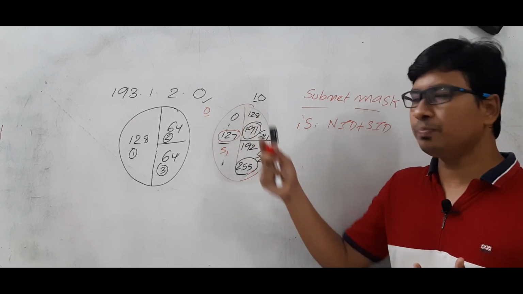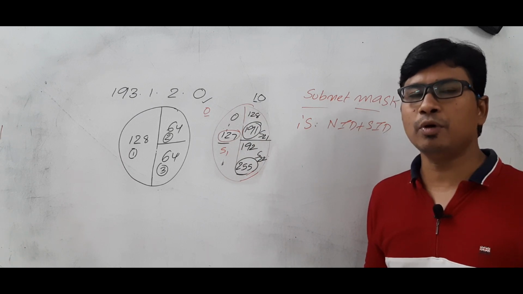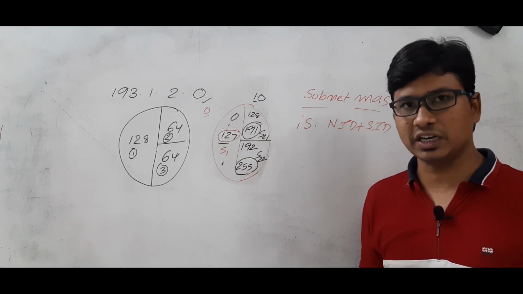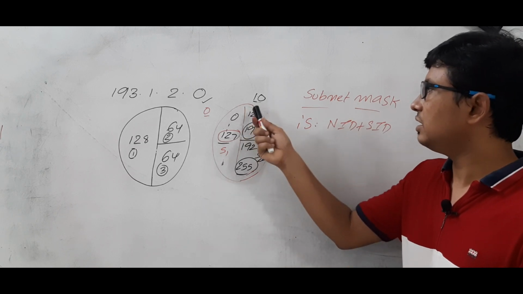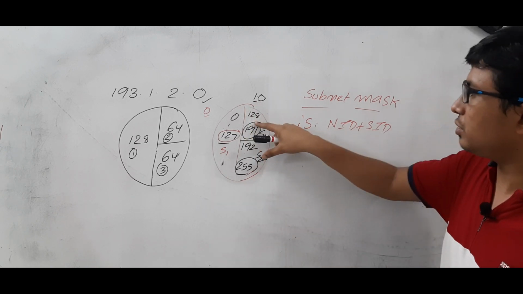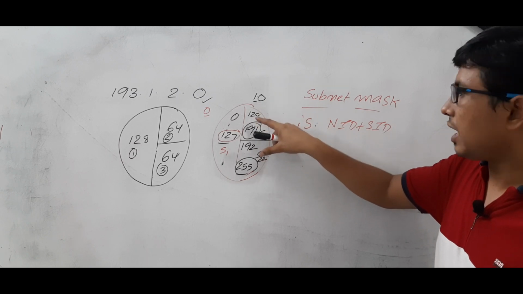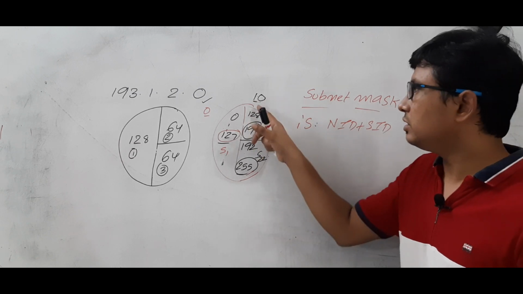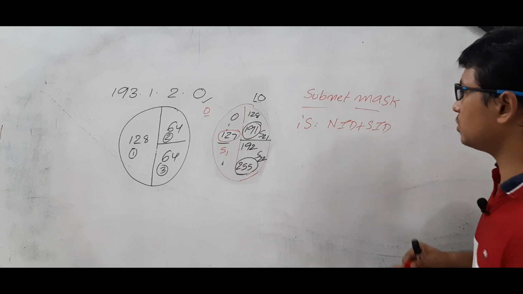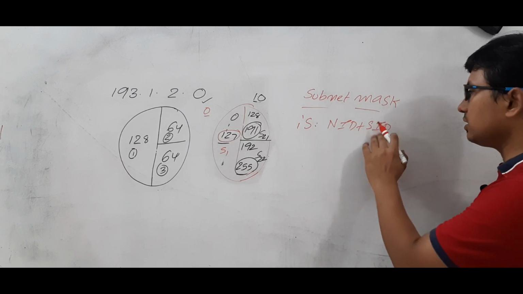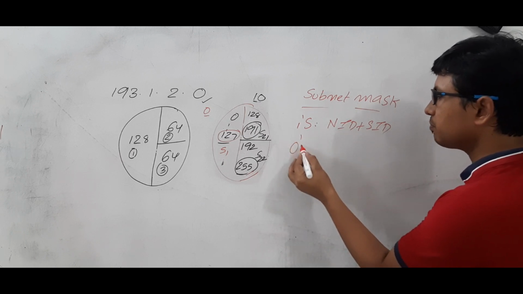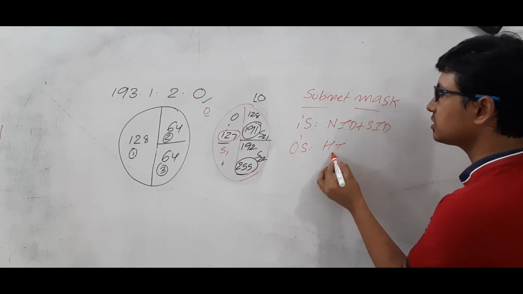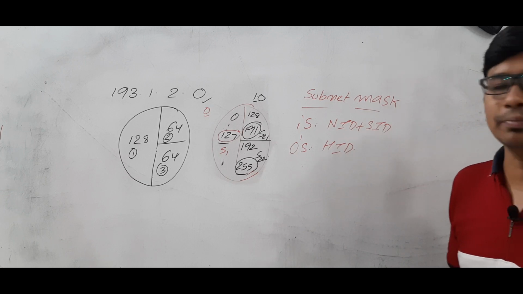And if you want to perform subnetting, you borrow some bits from the host ID to make it a subnet. In this example, I have borrowed 2 bits from the host ID and made them the subnet. These bits we call subnet bits. So in the network ID bits and the subnet bits you keep ones, and in the host ID part you keep zeros. Then you can easily compute the subnet mask.